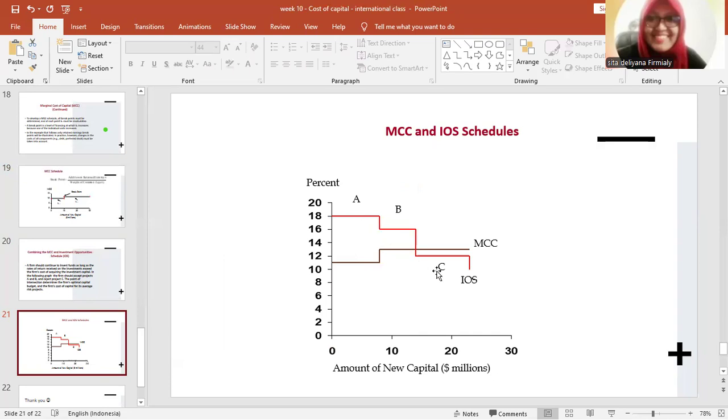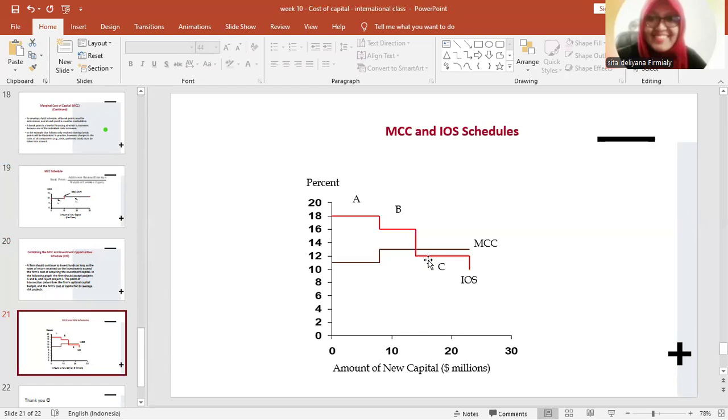However, for C as well as D and E, the return is lower than the MCC, so it is not a good opportunity for the company to handle these projects.